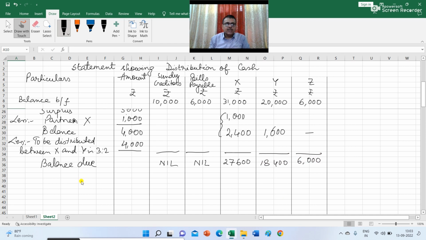Now, in February 2022, amount realized was rupees 21,000.